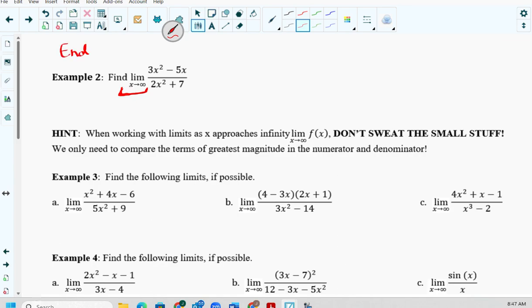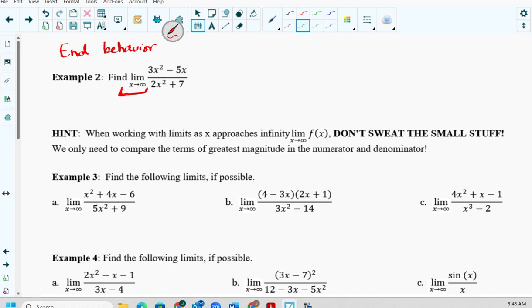End behavior. So we did this when we did graphing rationals. Do you guys remember the whole top heavy, bottom heavy, equal? Okay, that's what you're going to think about again here. When you're evaluating as x approaches infinity or negative infinity, we don't worry about anything that is smaller than the highest degree term.